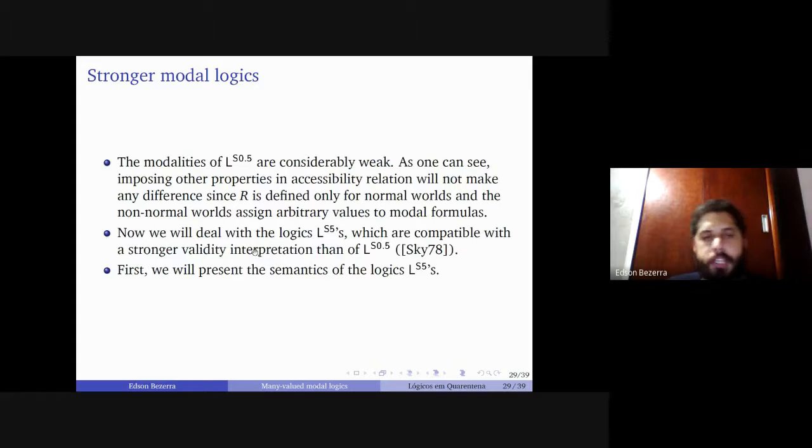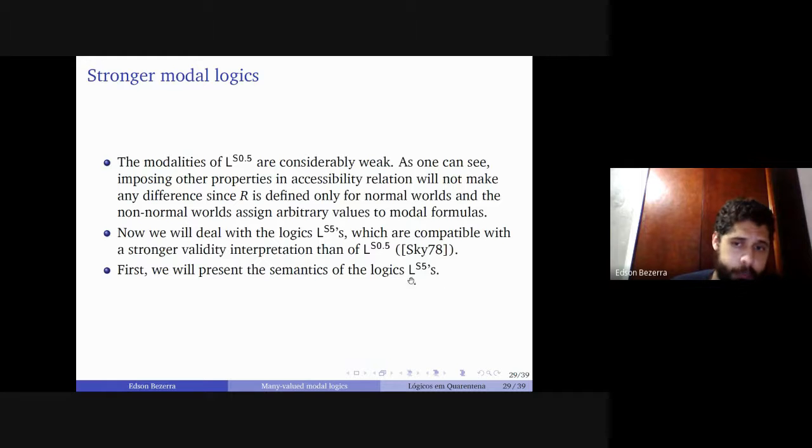This validity interpretation is not the probability interpretation. It's more general, I should say, because the logic S5, for example, is not compatible with the mathematical probability interpretation. The logic of provability of Peano arithmetic, for example, is the logic GL. They are incompatible. But S5 captures some interesting notions of validity, and then you can extend this result for many valued logics in general.